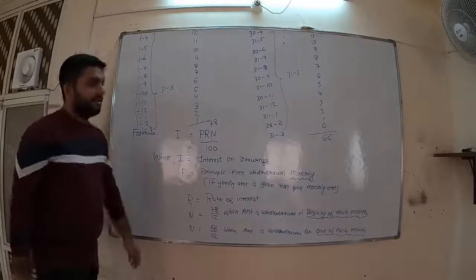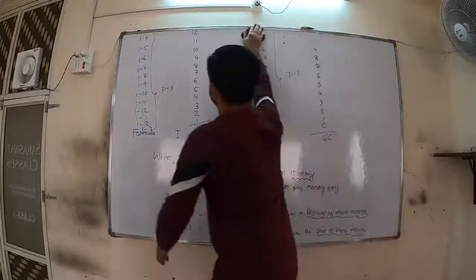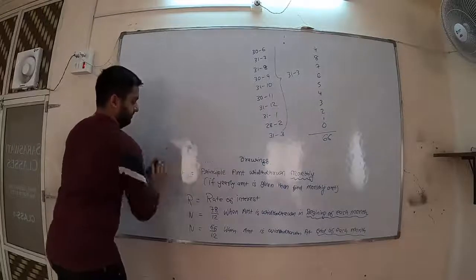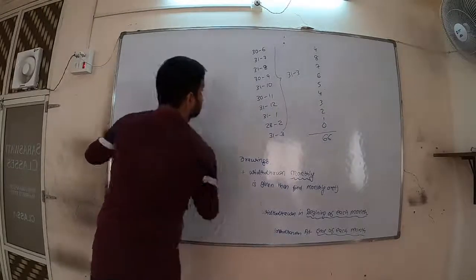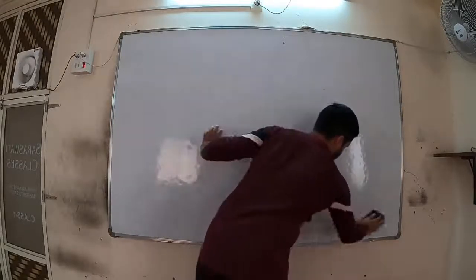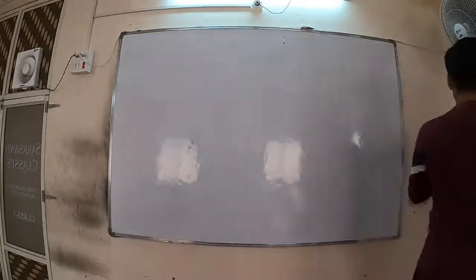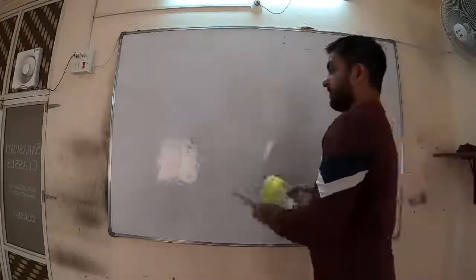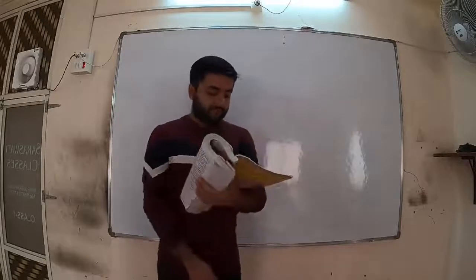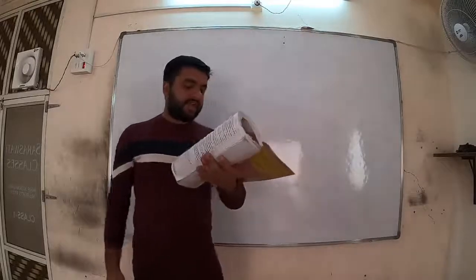Okay friends, now we are going for the sums. First sum on page number 30. A partner withdraws an identical, means the same, amount at the end of each month.